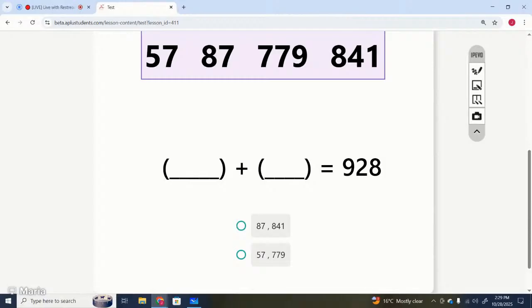Which is the correct option? Option number 1 is the correct option. Very good.